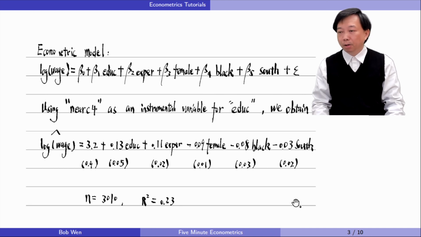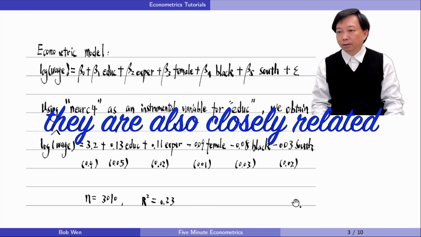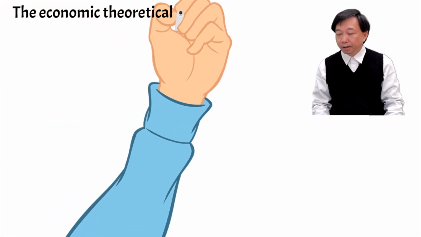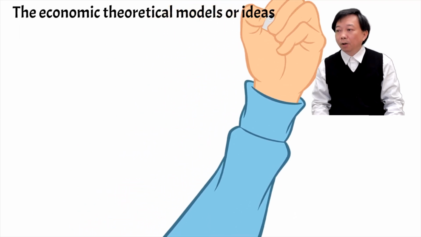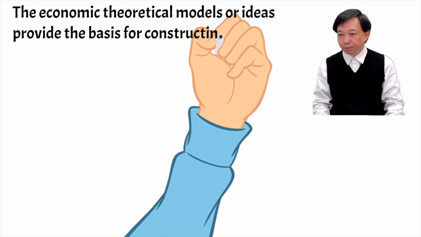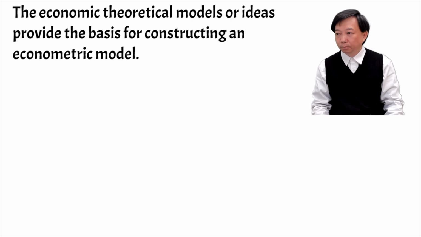The econometric model and the theoretical model are different, but they are also closely related. The econometric model comes from economic theories and ideas. The economic theoretical models or ideas provide the basis for constructing an econometric model.